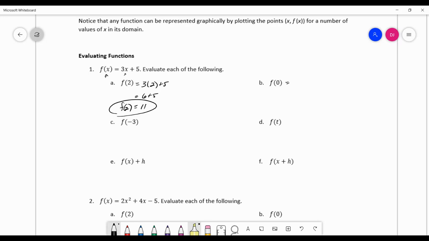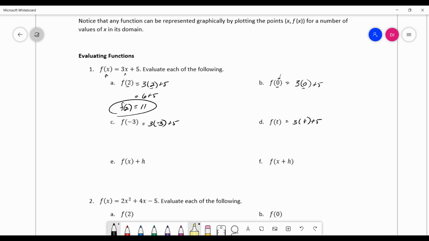For f of 0, I replace the x with a 0. To find f of 2, I replace the x with 2. To find f of 0, I replace the x with 0. To find f of negative 3, I replace the x with negative 3. To find f of t, I replace the x with t.